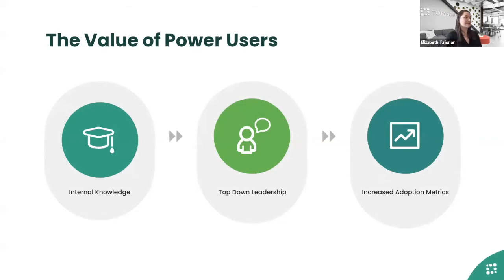But before we dive into that, I wanted to walk you through the value of the power users. As I really thought about the value, although there is tons of value behind power users, what are the 3 main items that I really feel came out of this with Qlik and working with Chris's group? So the value of these power users was simple. I've mentioned this a few times now, but internal knowledge. There is one CSM assigned to the Qlik account. That's me, and that's wonderful. And I work with this group day in and day out.